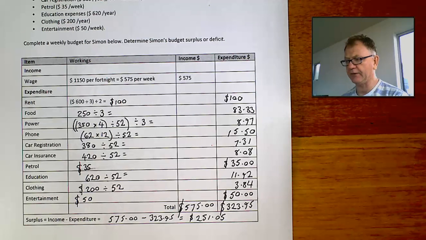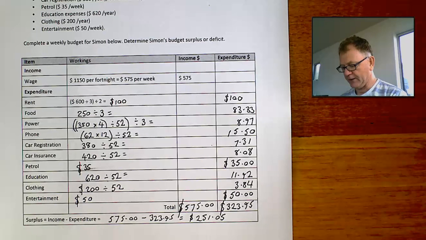The last thing that we have to do is go through the expenditure items on Simon's budget and classify them as either being fixed expenses or discretionary expenses. Now, a fixed expense is one which he's committed to, which he can't do anything about, whereas a discretionary one is one where if he was to tighten his purse strings a little, he could possibly make savings on it.